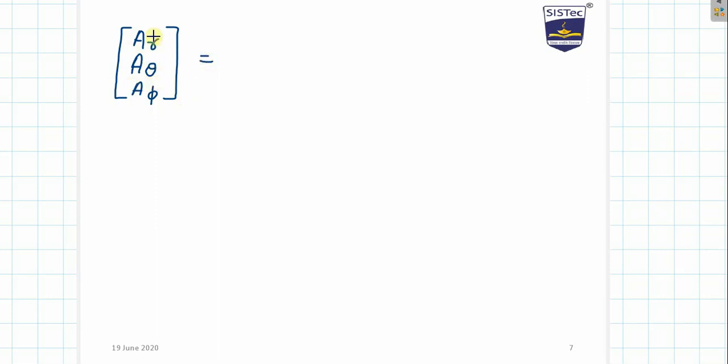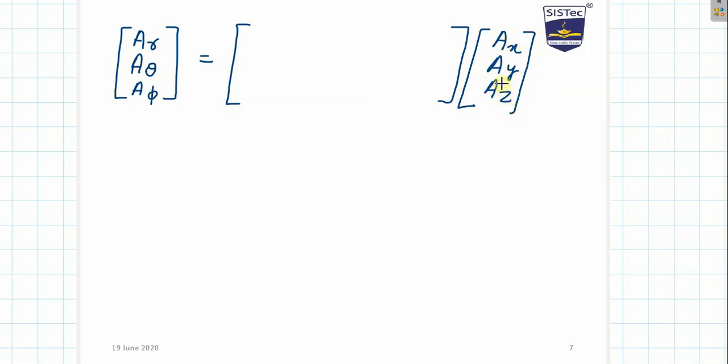How will we get this? We will get this through the unit vector transformation that we have seen now. And here it is your magnitude AX, AY and AZ. This one is given in Cartesian, and we want to get it in spherical. Then we will have to do this matrix multiplication.